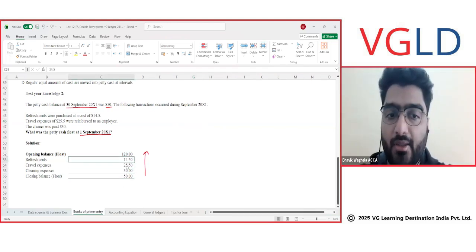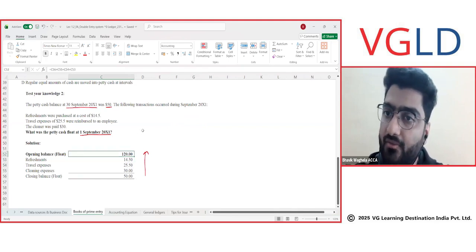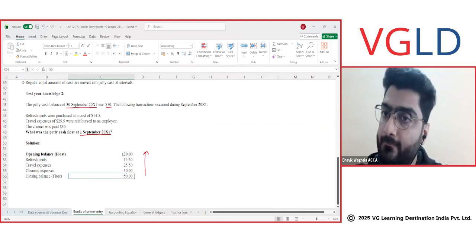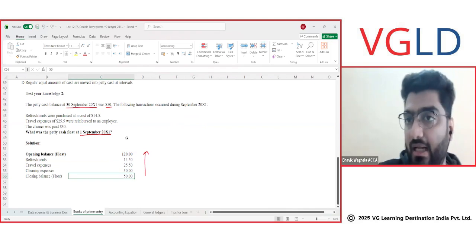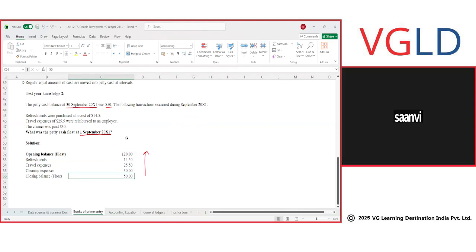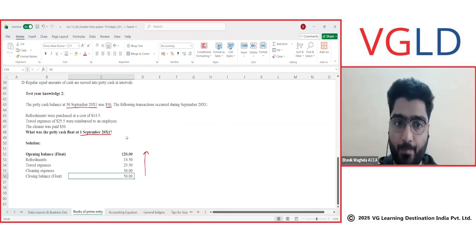We had made certain payments. I was supposed to find out the opening balance. Generally, we subtract the payments from the opening balance to arrive at the closing balance. So to find out the opening balance, you will add back those payments. Correct? Yes. Got it? Yes, sir.